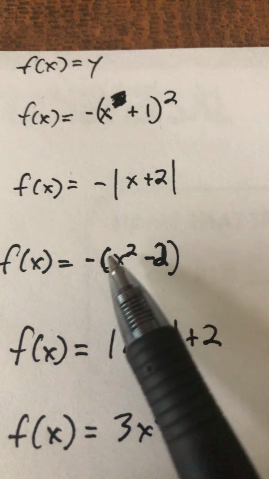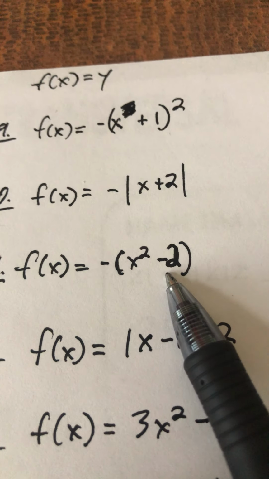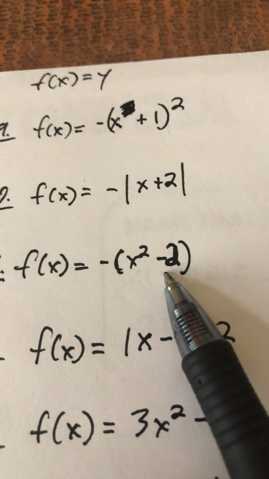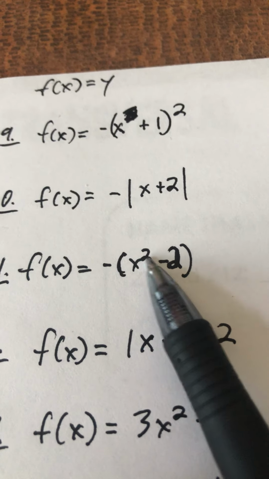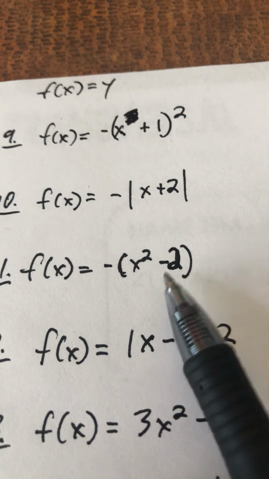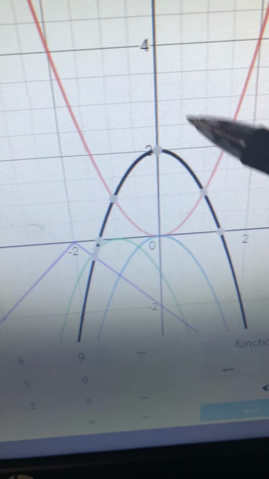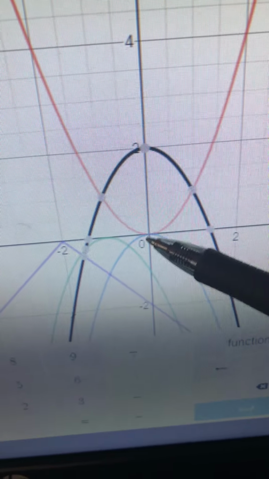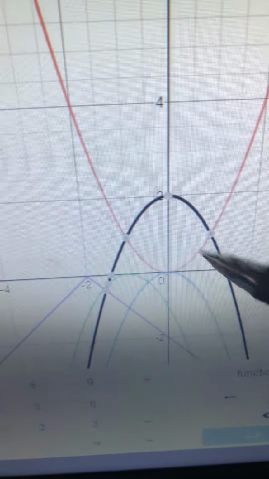What I did was, I leave my x squared in here, and I go up 2, and I could leave the squared in there, and then that changes it to what I need it to be. And you could see here I did your number 11 here, and it's in black, and you could see it just moved from down here up here. Red is the parent function, and I'm just showing you in relation to that. That's the black, that's your number 11.